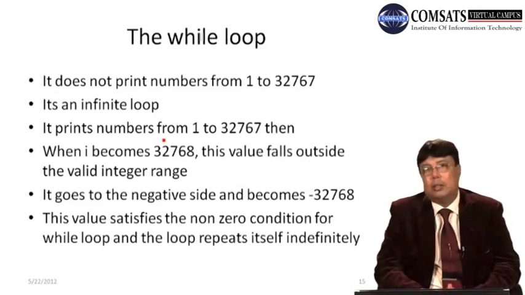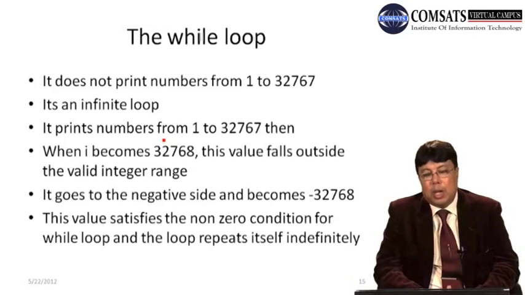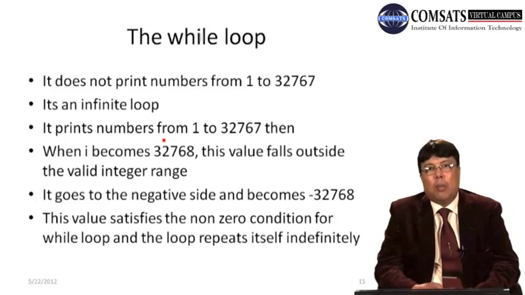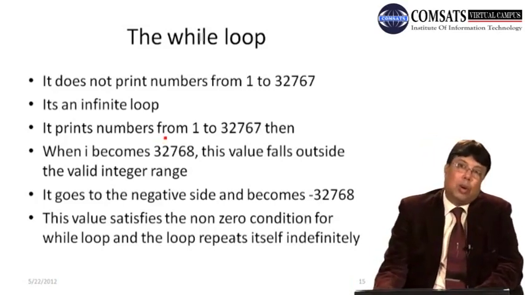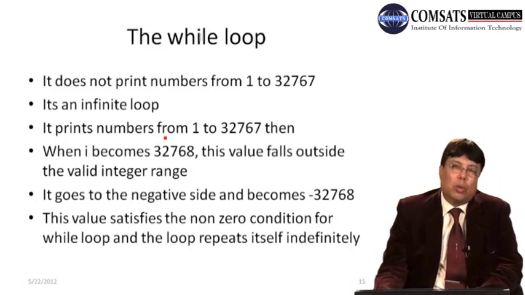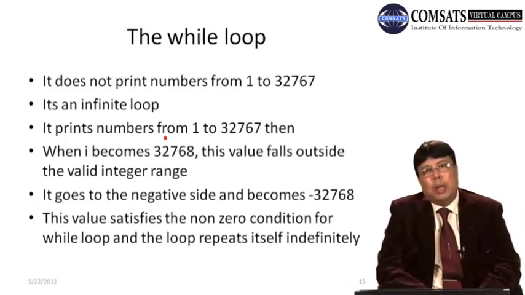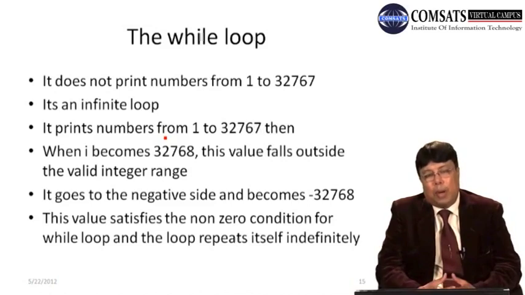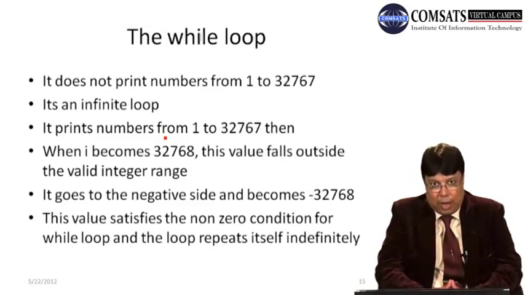I'll sometime, inshallah, teach you how that happens. So when i becomes 32768, this value falls outside the valid integer range and it goes to a negative value, and once again it will keep on adding, and the loop will not end. So you should also know what the maximum value of a particular variable that you have defined is.